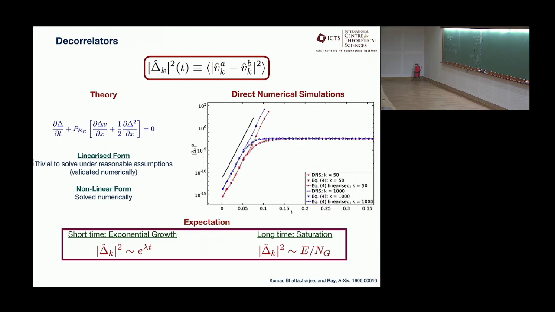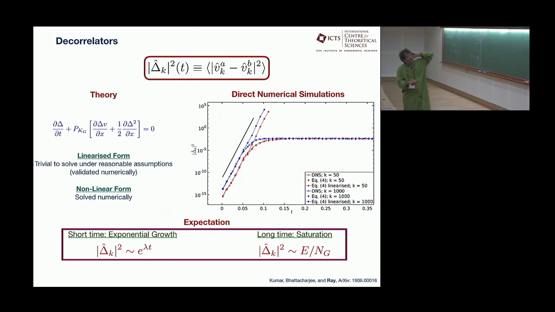All right? The other approach is, of course, to look at direct numerical simulations. We can solve systems A and B as we were doing, and then at discrete time intervals, calculate the decorrelator between these two chains. So here's a plot of delta K, which has data from the direct numerical simulations for different values of wave numbers, the linearized form, and the full nonlinear form.